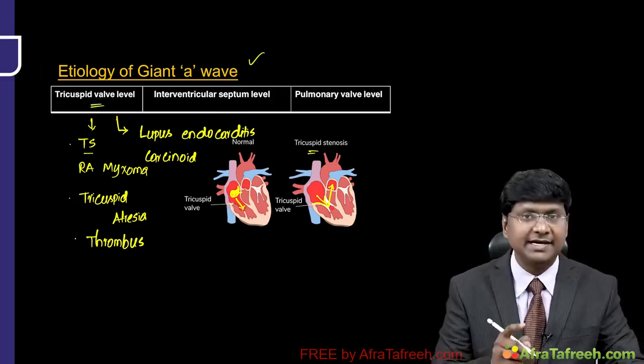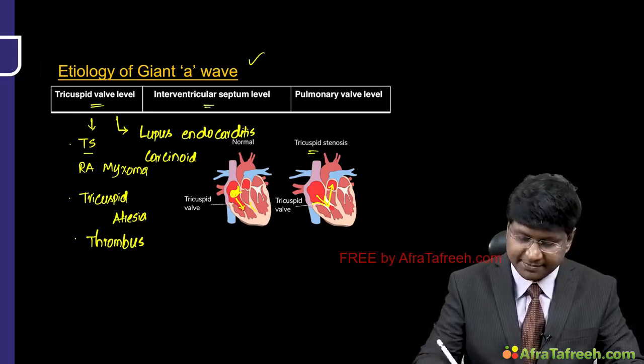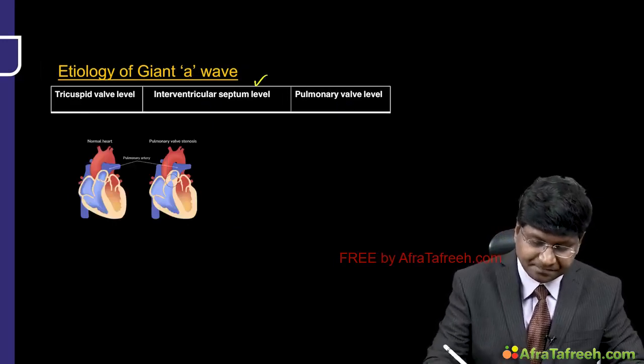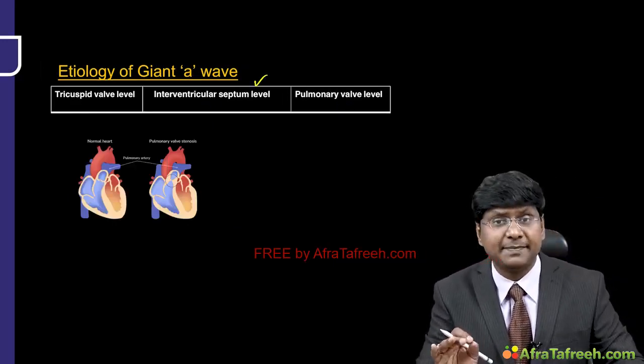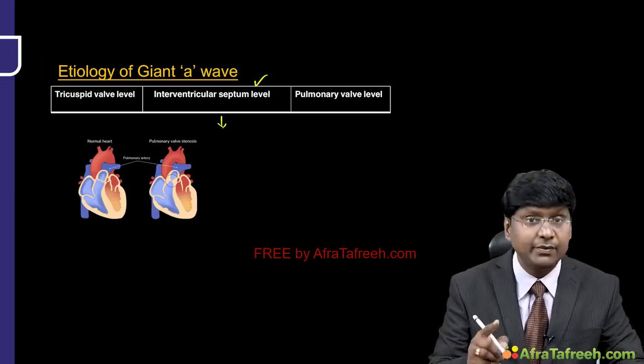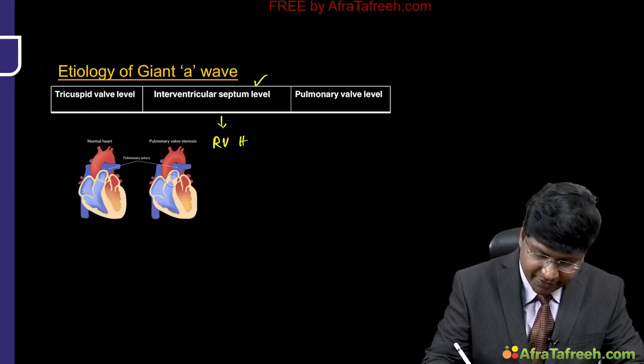So the pathology can be either in the tricuspid valve, at the interventricular septum, or even at the level of the pulmonary valve. Now, what are those interventricular septal pathologies causing the giant A wave? Interventricular septal pathology includes right ventricular hypertrophy.